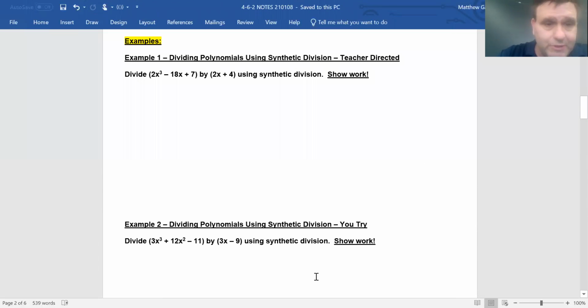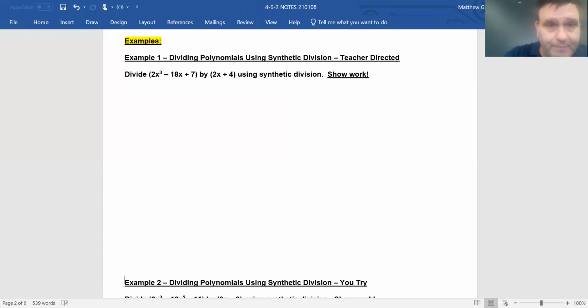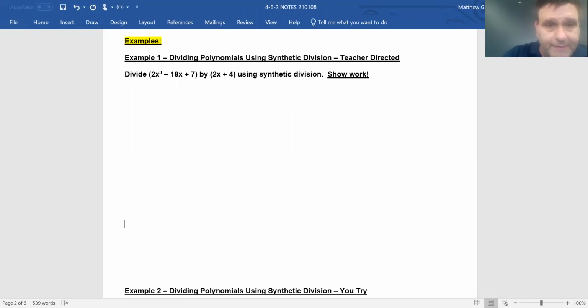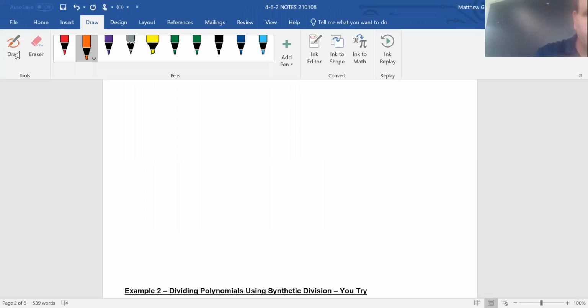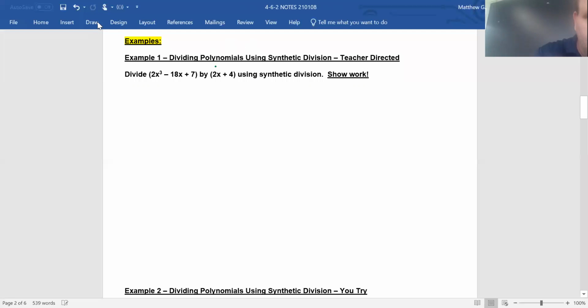Next thing I want you to do is just turn to example 1, dividing polynomials using synthetic division. The ones yesterday didn't have any remainders, but if we come across some, and we'll definitely come across some in the review. So here, in this problem, this is where we're going to focus on the coefficient today, the divisor, which is 2x plus 4.